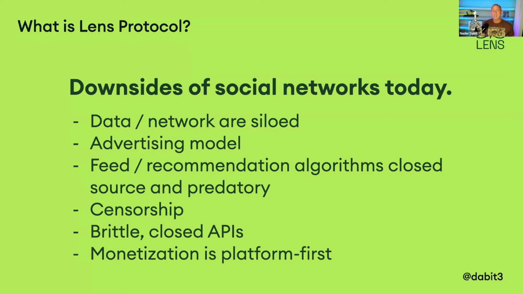Because the data and networks are siloed, and the APIs are closed and brittle, you just don't see random people building a better Twitter client, because in the past, when that has happened, Twitter has decided to shut off those features. When the value is being drawn away from the platform, it's actually losing them money. And they care about the advertising model and their recommendation algorithm to drive all of that revenue via the advertising.